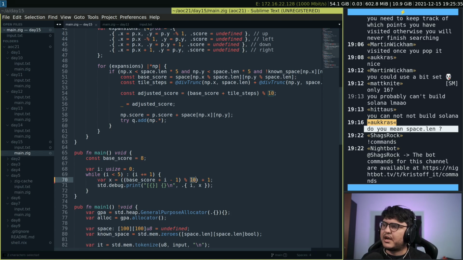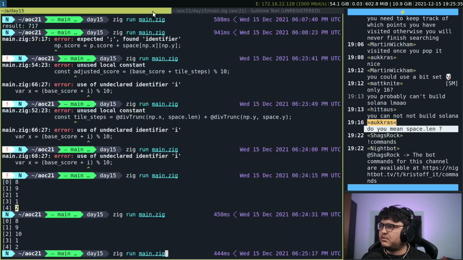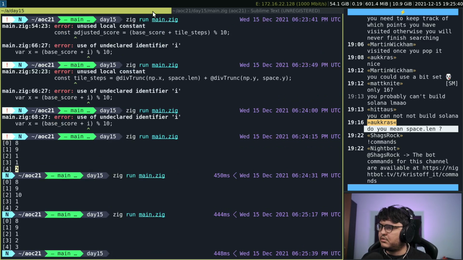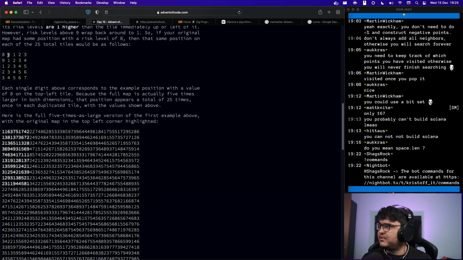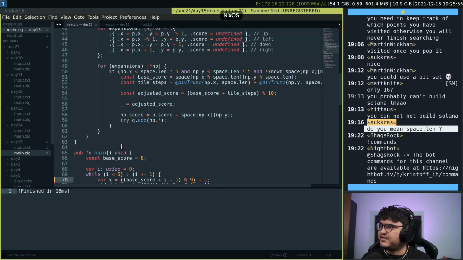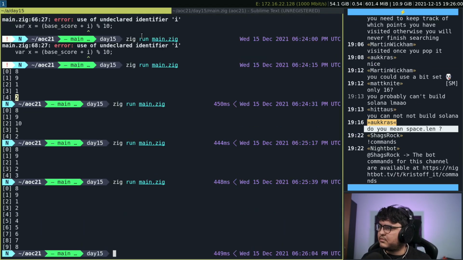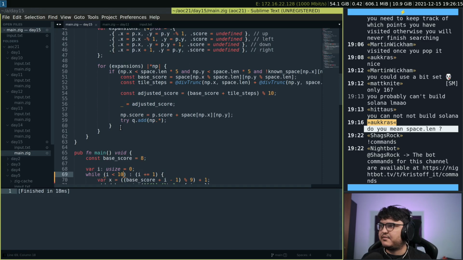Wait, was it actually modulo 9? Is this it? I mean, it's working. That's the numbers that we want. And we can test this more, I guess. I think that's the function.